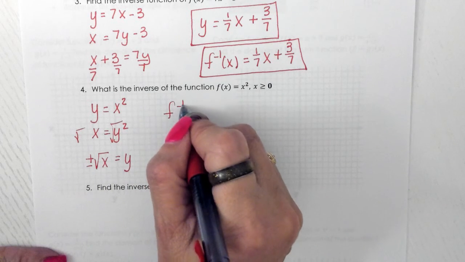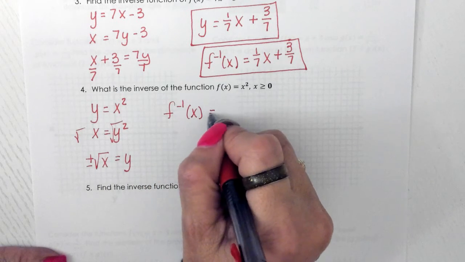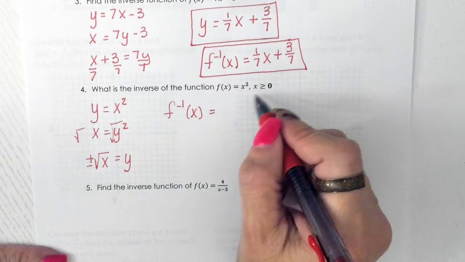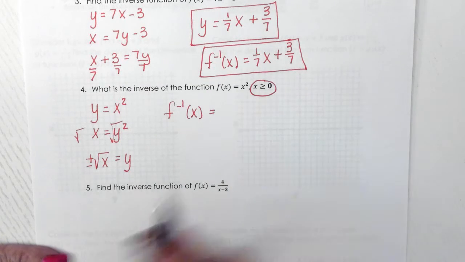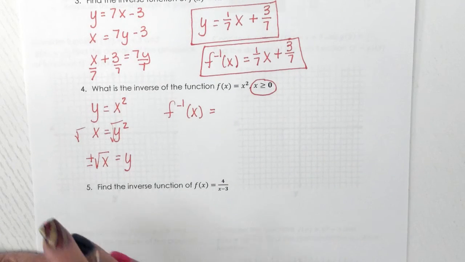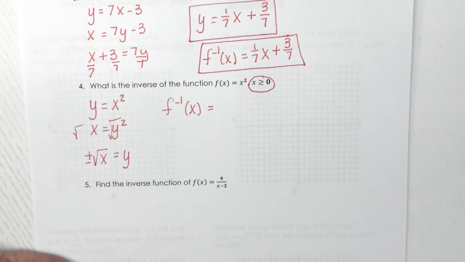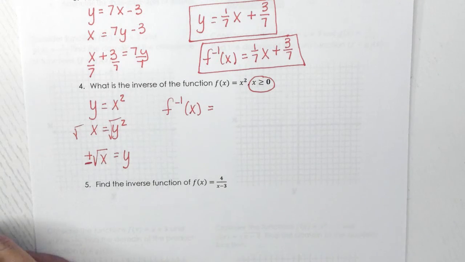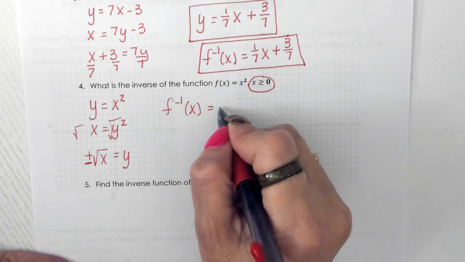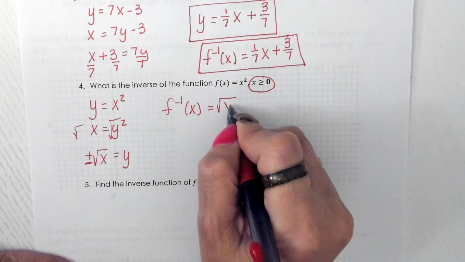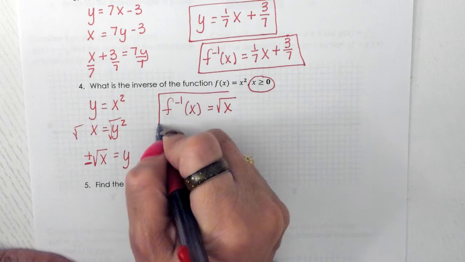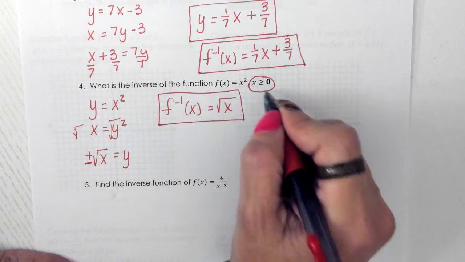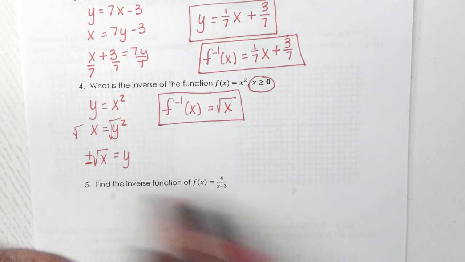So f inverse of x equals, now this is where I have to pay attention to the domain that it gave me. It only wants when x is positive. That means this negative right here, I'm not using that because it only wants the positive. So I'm just going to say the square root of x because it does not want the negative on that.